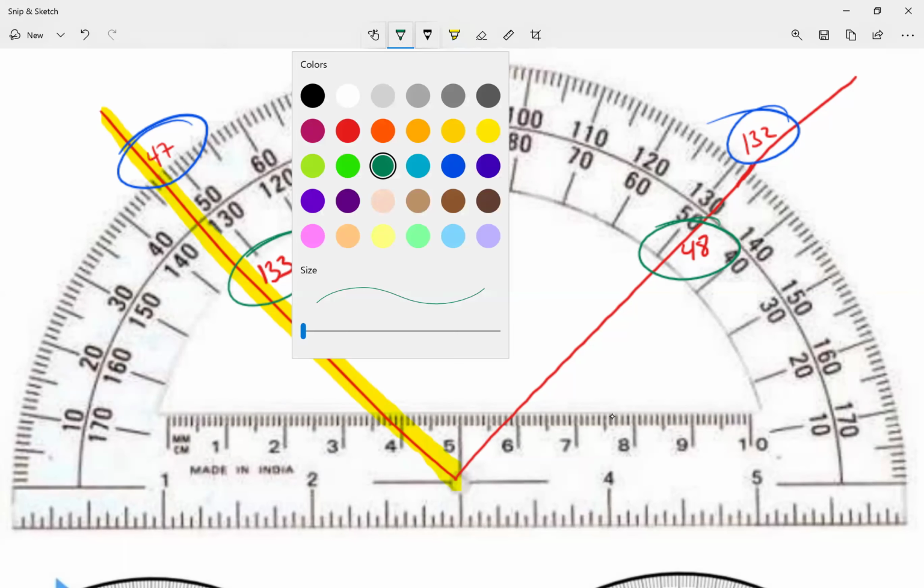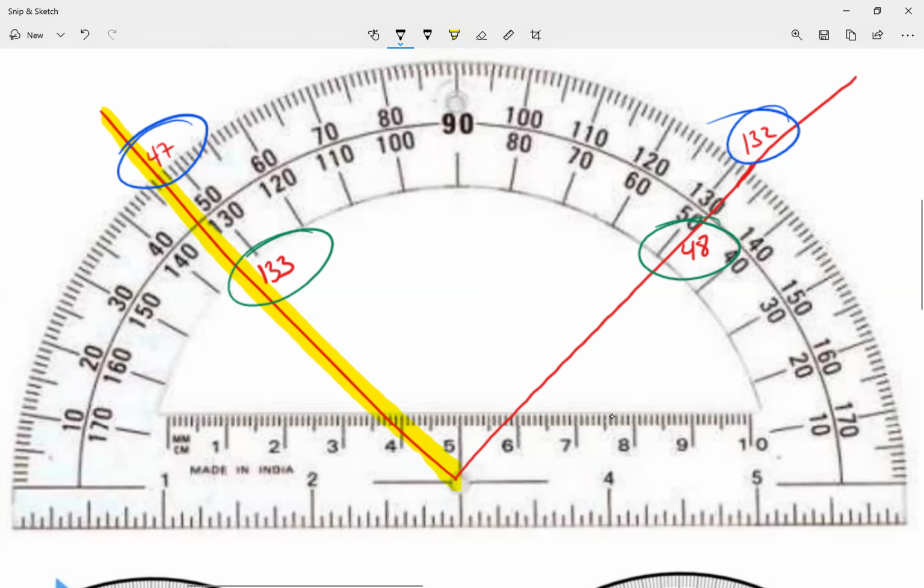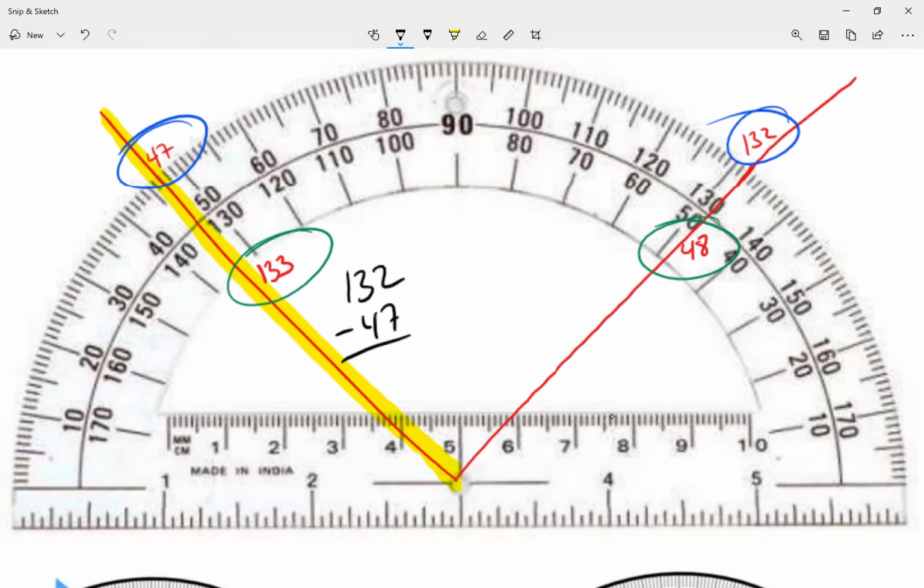So what do I mean by that? I can do either 132 minus 47, or I can do 133 minus 48. Okay?